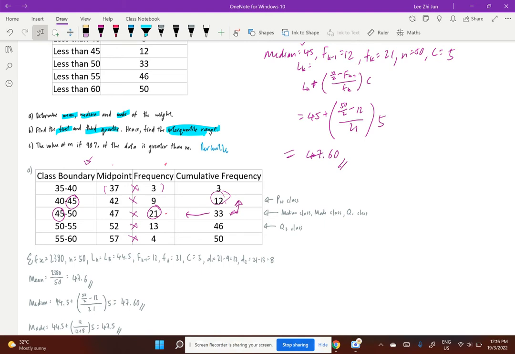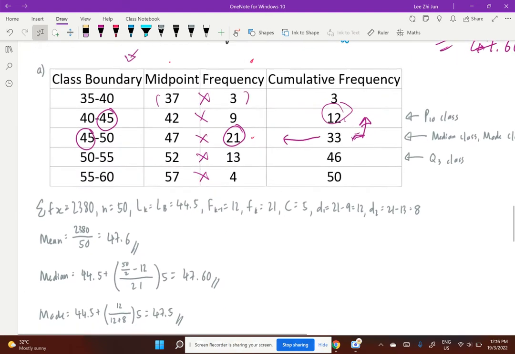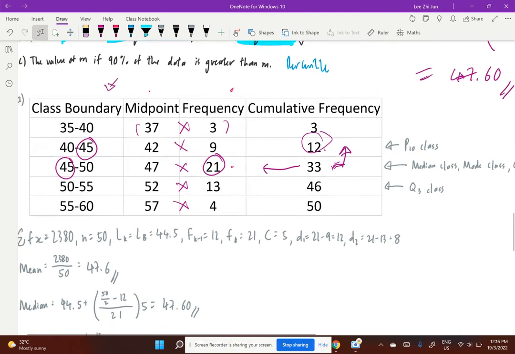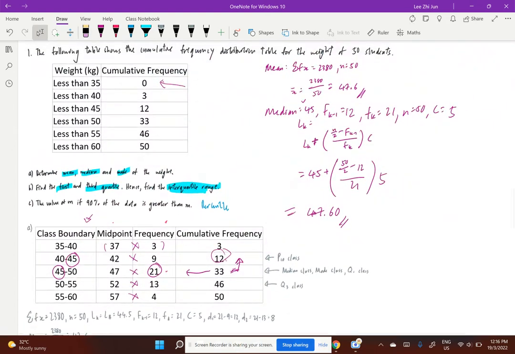For the mode, I need to take the data. Need to define the mode class first. As you see, 21 is the largest number, so that is also the mode class. So the lower boundary will be the same as median, 45. Cumulative frequency of the previous class is also the same, equal to 12. This no need, this no need.